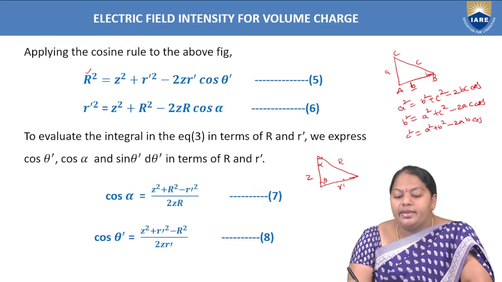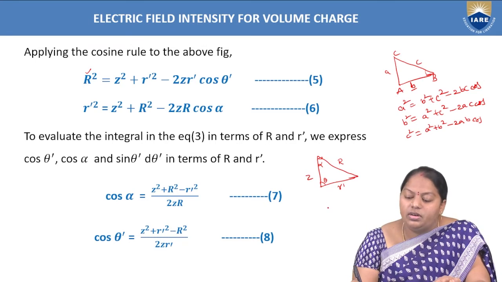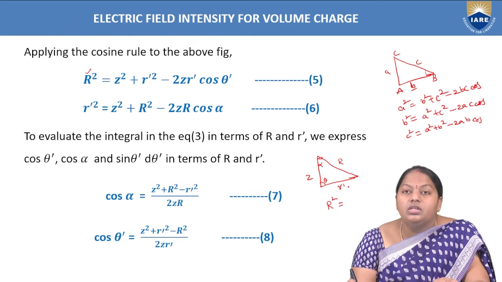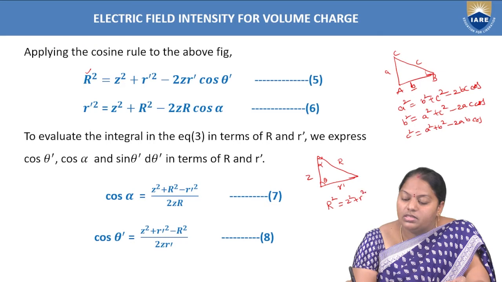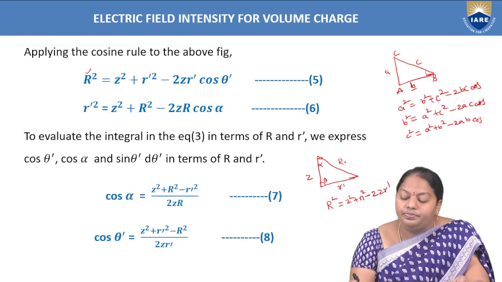So from this triangle we will be writing the equations for R square. R square equal to, the opposite two sides are z square plus r dash square minus 2z r dash into, since we are measuring this, we have to consider the opposite angle for that, which is cos theta dash.